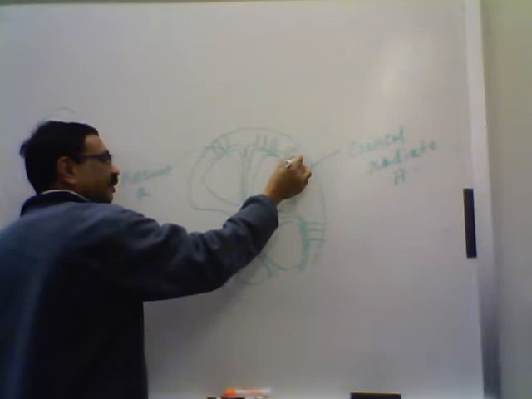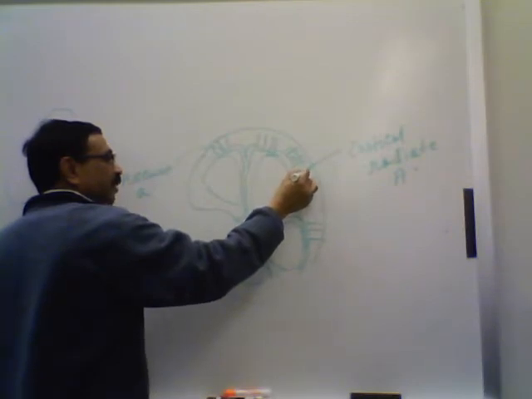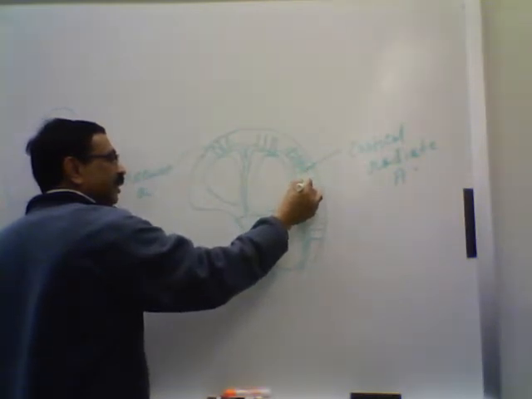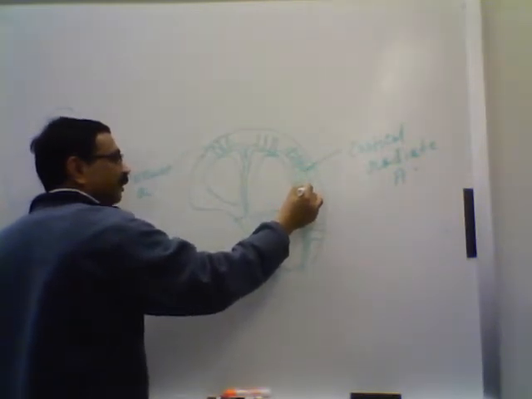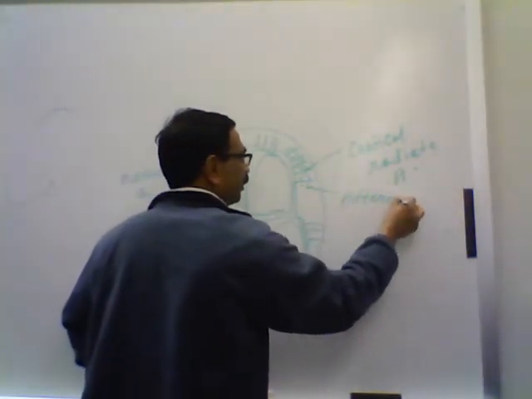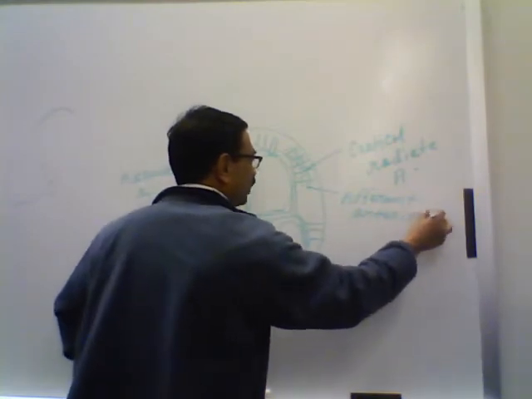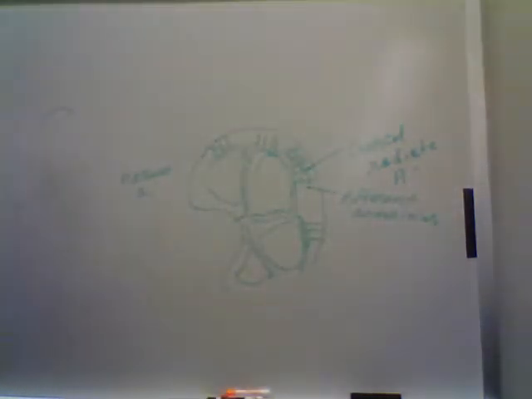Since these are the smallest arteries, these are called arterioles. So these tiny arteries are afferent arterioles. Now we say arterioles because these are the smallest arteries.